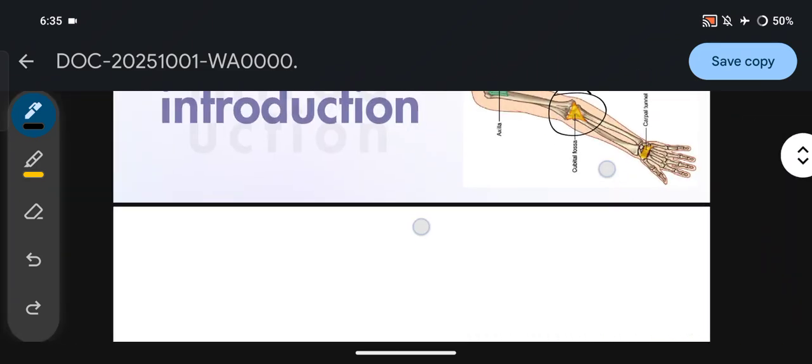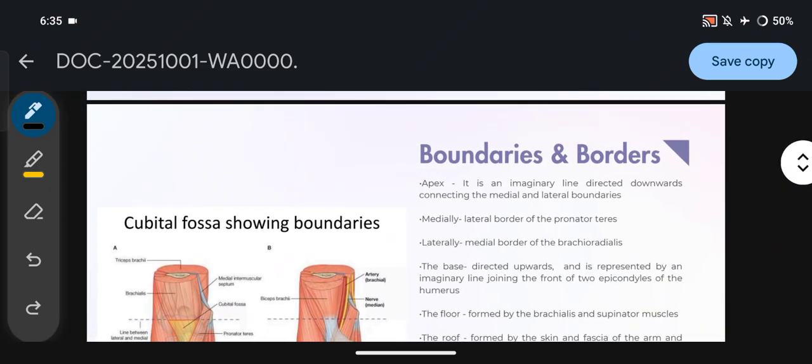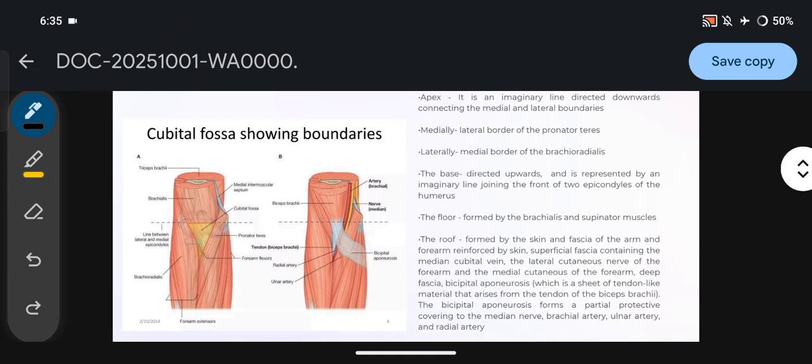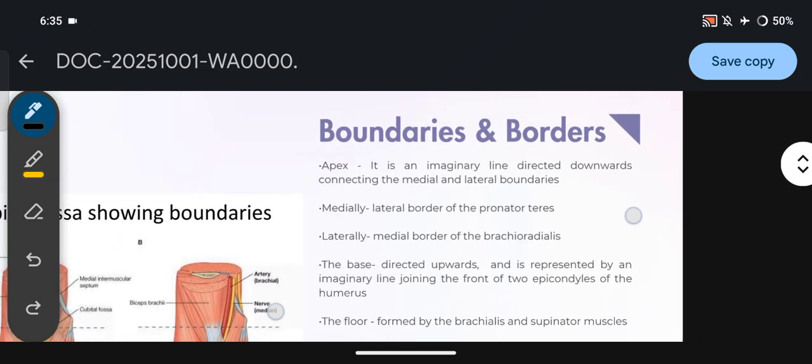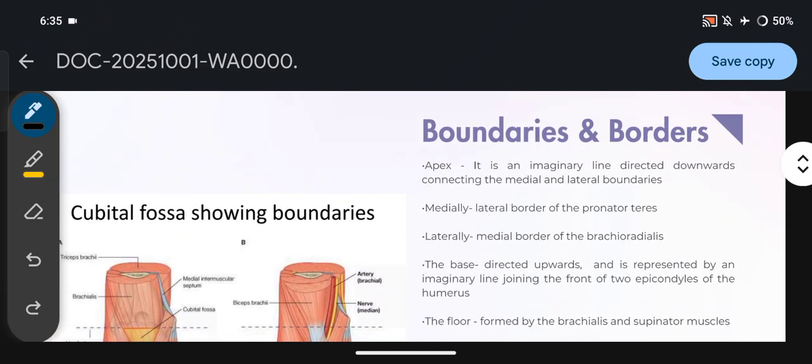So let us start. Now, boundaries and borders. First of all, we start from the apex. Apex is an imaginary line that is directed downwards, connecting the medial and the lateral boundaries.